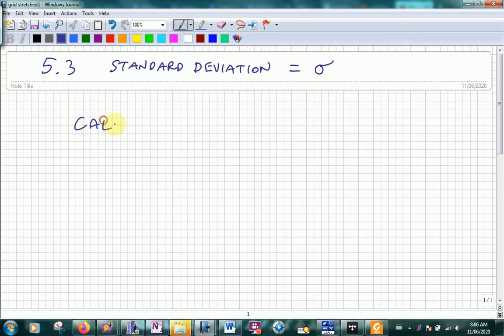So I gave you this. Calculate the mean, the arithmetic mean, i.e. in layman's terms, the average of these three numbers. We know how to do this? Yes?